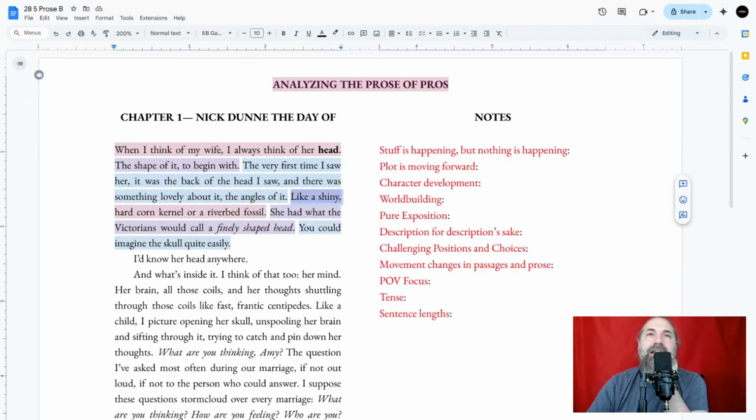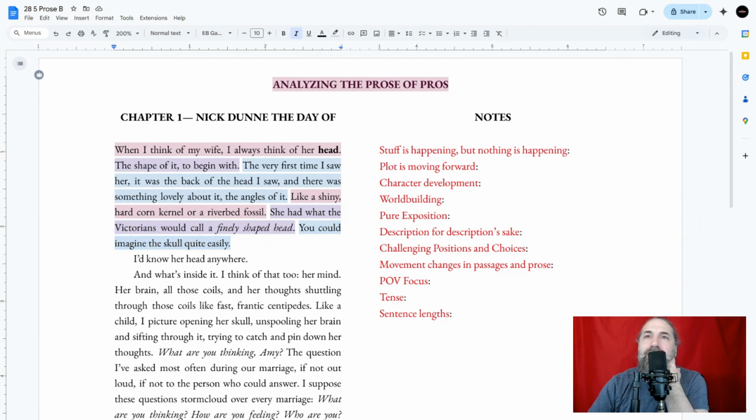Well, like a shiny, hard corn kernel or a riverbed fossil. That's what was lovely about it. And then it's a commentary on that. What are his feelings on it? She had what the Victorians would call a finely shaped head, right? You could imagine the skull quite easily.